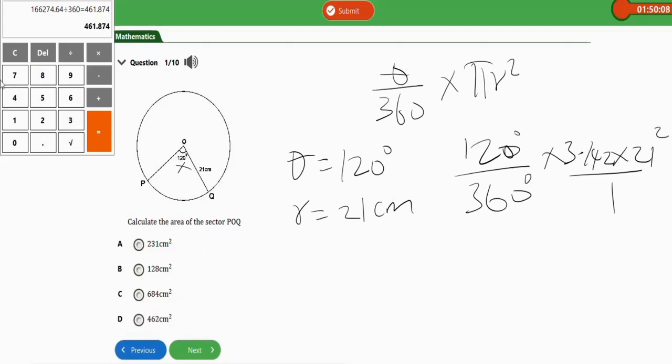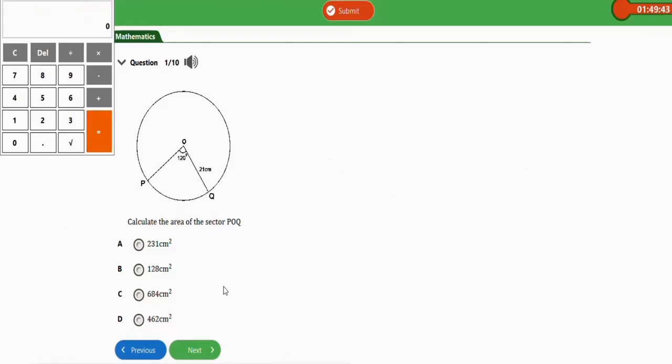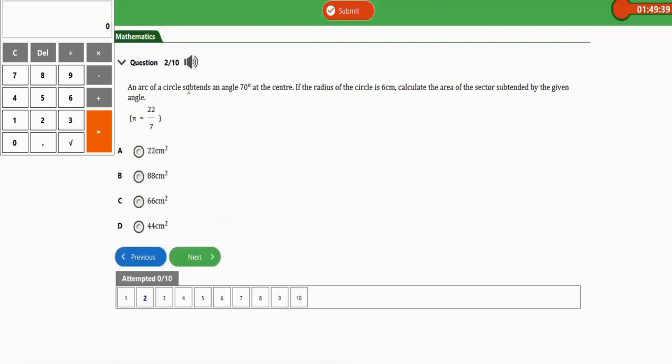Alright, so let's wipe this now and solve the next question. For the next repeated question, it says an arc of a circle subtends an angle 70 degrees at the center. If the radius of the circle is 6 cm, calculate the area of the sector subtended by the given angle. So we are looking for the area of the sector as well.